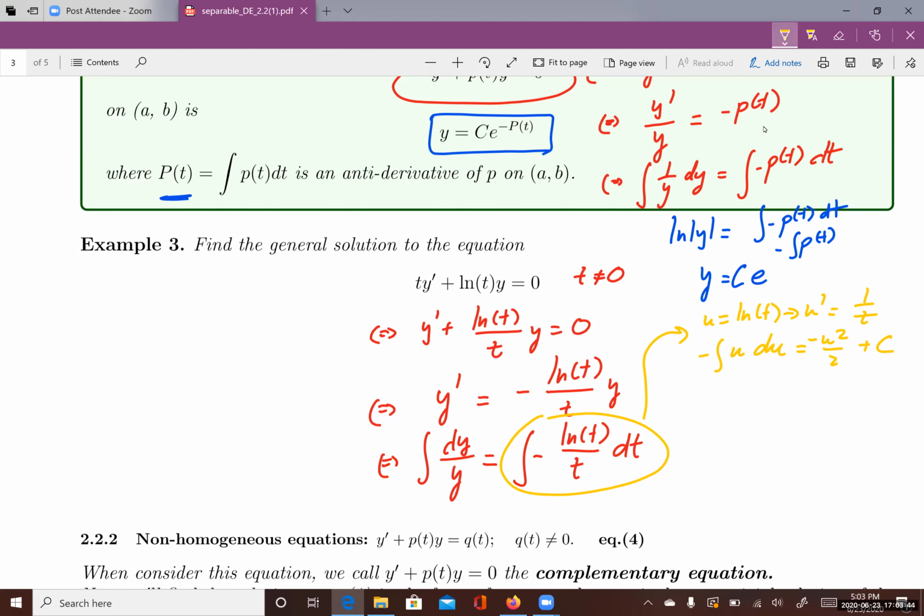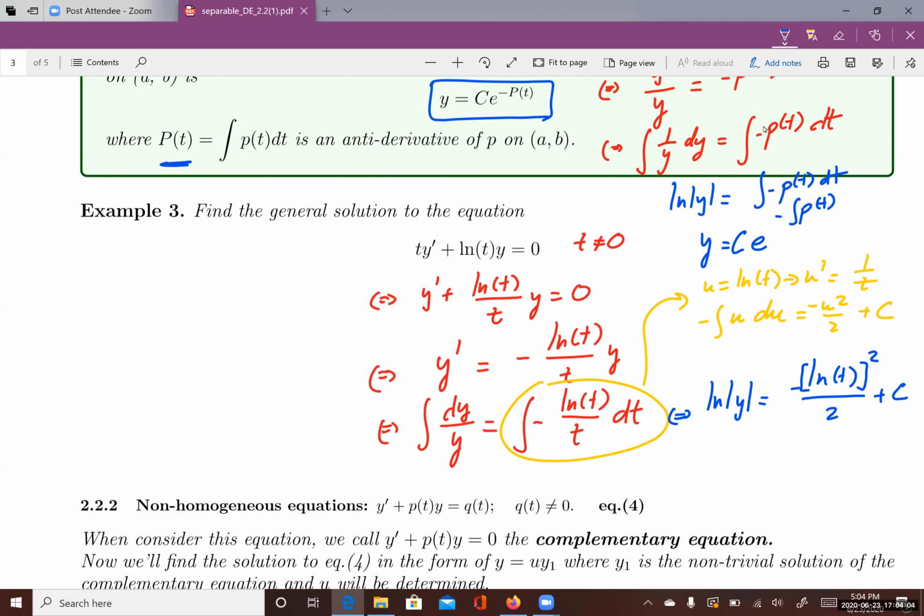So I can rewrite this in terms of natural log of y equals negative natural log of t squared over 2 plus c. Then I want to solve for y, which equals e to the negative natural log of t squared over 2, times e to the c.